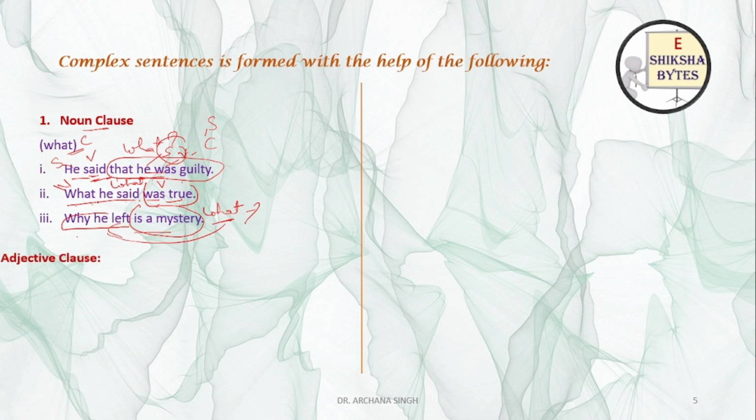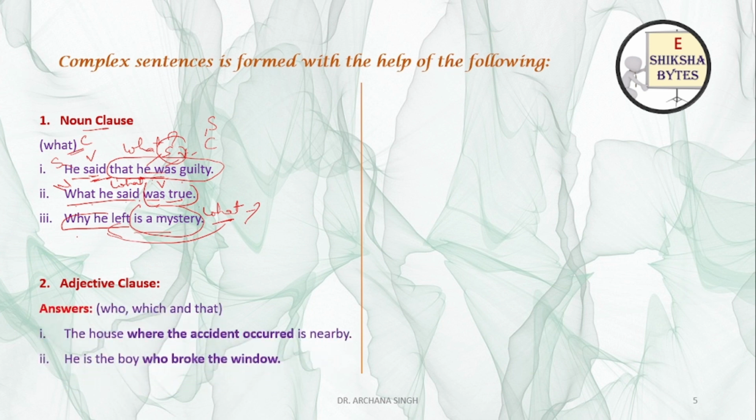Next, you can make a complex sentence with the help of adjective clauses. The group of words that does the work of an adjective becomes your adjective clause. In a simple way to understand, if you get the answer of who, which, that, then that will become your adjective clause. For example, the sentence: the house where the accident occurred is nearby. House is your noun, and this particular group of words is describing the house, so this is your adjective clause.